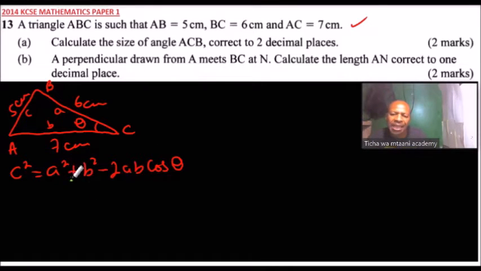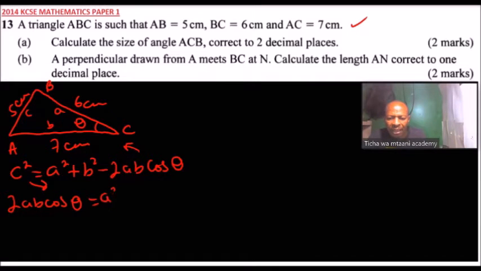Now you can rearrange this equation and make cosine theta the subject of the formula. So you can take this c squared to this side, and you take 2ab cosine theta to the other side. So we have 2ab cosine of theta is equal to, when c squared goes to the other side, it becomes negative.